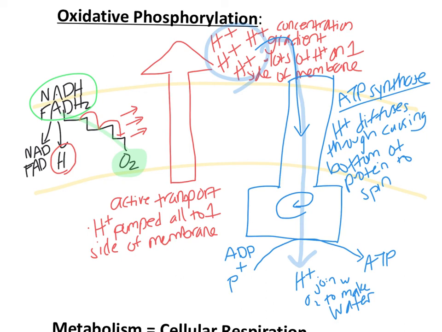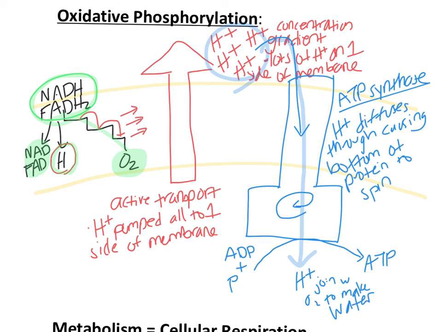If there was no oxygen, my electron carriers would not be able to deposit any electrons. When those electron carriers drop off an electron, they release hydrogen. The hydrogen originally came from the glucose molecule. Those electron carrier molecules will then return to glycolysis and the Krebs cycle to pick up new electrons.